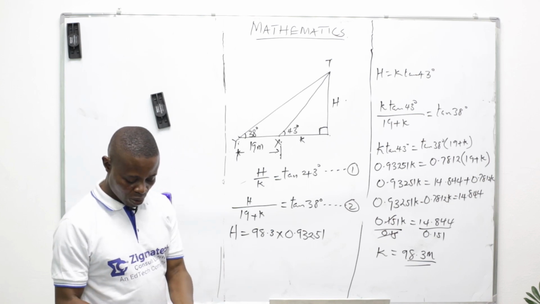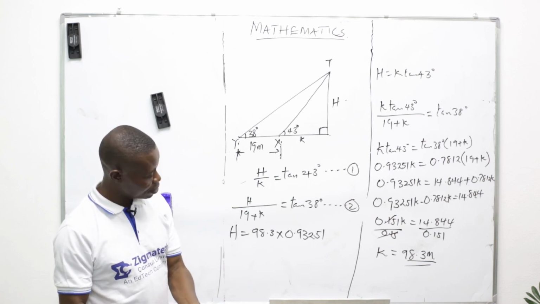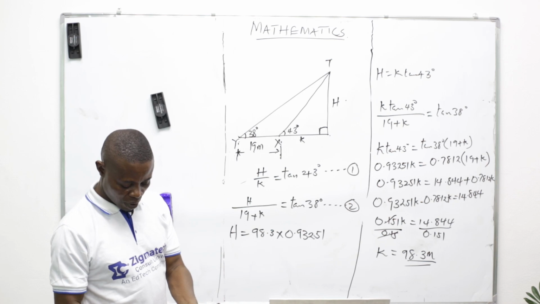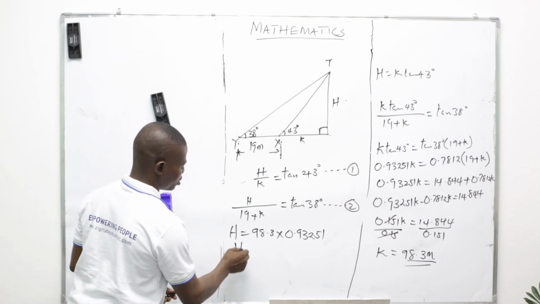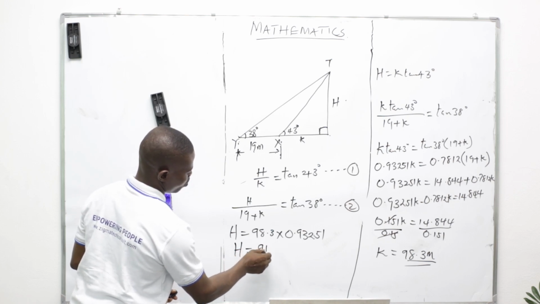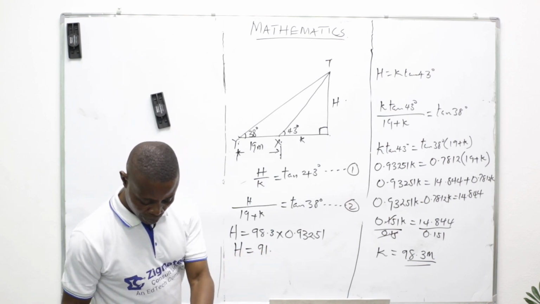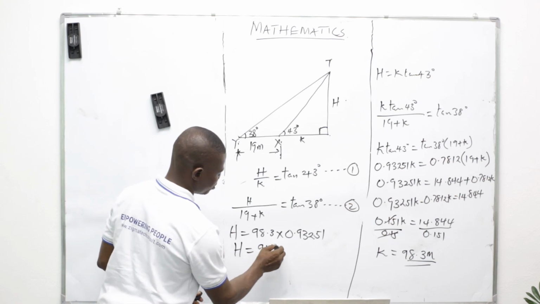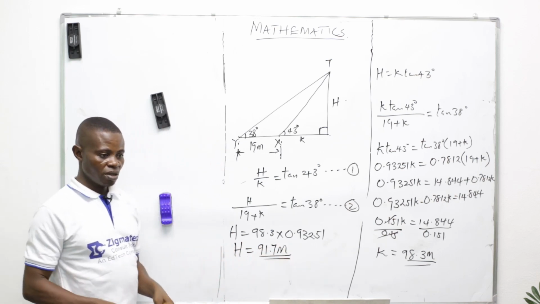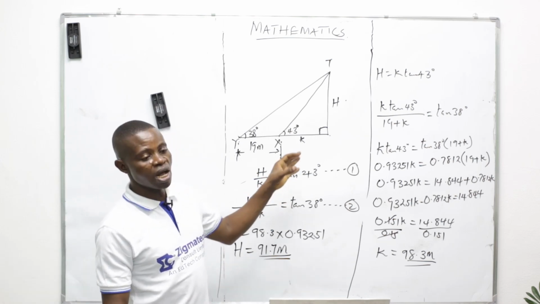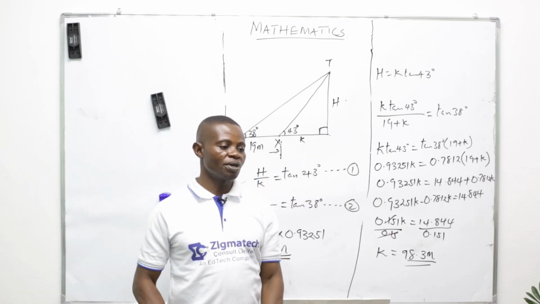Okay, multiply by 0.93251 equals, H equals 91.7 meters. At this juncture, we have come to the end of this theory question.